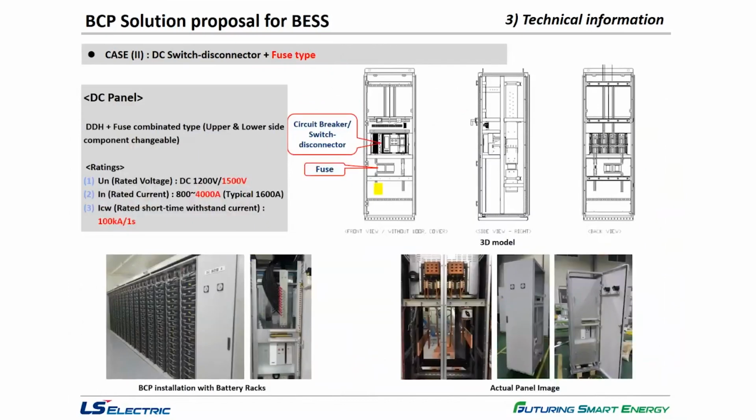And I think the case 2, the fuse combination type, is getting more important nowadays. In order to protect the battery system from the external short circuit event on the PCS side, the battery manufacturers recommend inserting a DC switch and current limiting fuses together, like here, below the circuit breaker or switches.